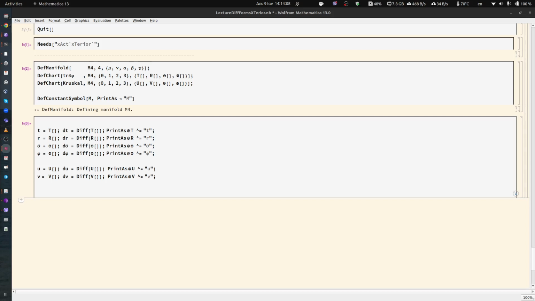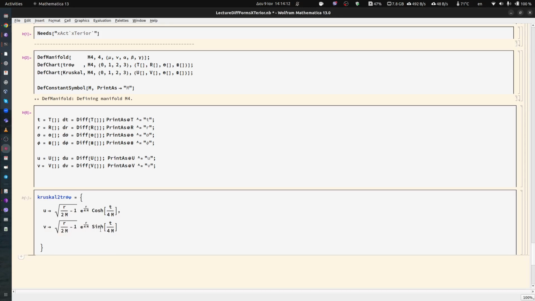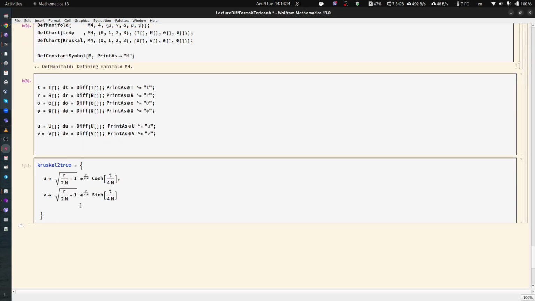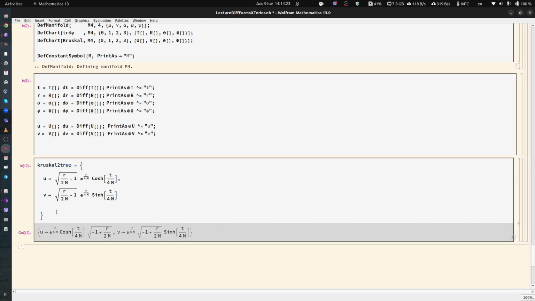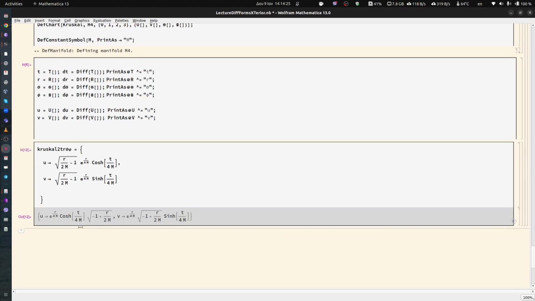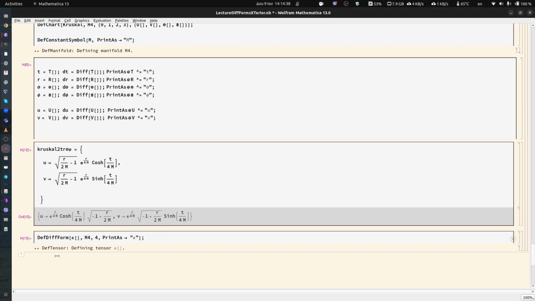Now, for example, we can write the coordinate transformation in a simpler way, with less typing, less prone to errors, and easier to read. So we do that. You see that it is printed correctly. So let's define again the four-form epsilon.